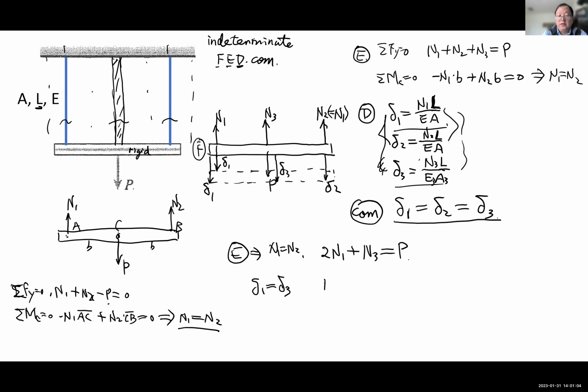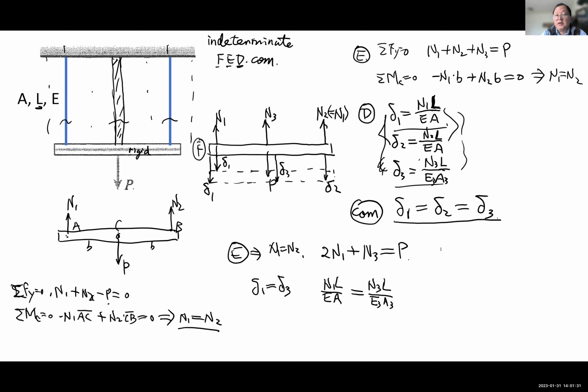So we have N1 L over E A, which is supposed to equal delta 3, that's N3 L over E3 A3. All right, so that gives us a new equation.